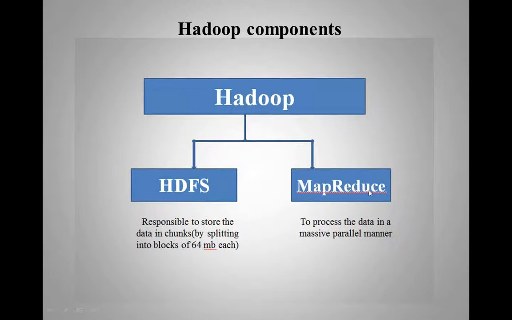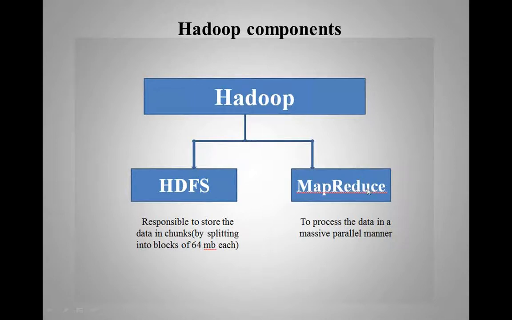Your expenses will come down because of the commodity hardware and open source, and you can store your unstructured data because you are storing your data directly in your file system. And because of the largest block size, your disk seek time will vanish.